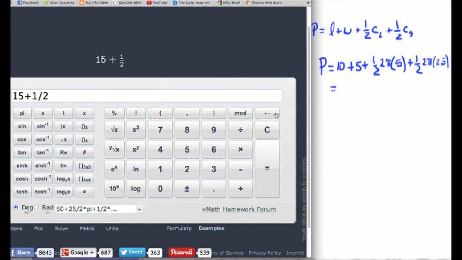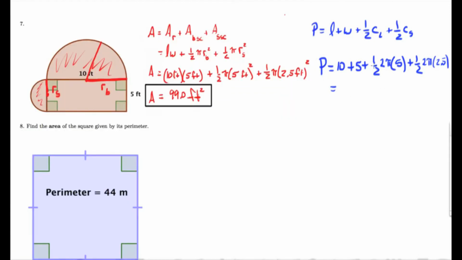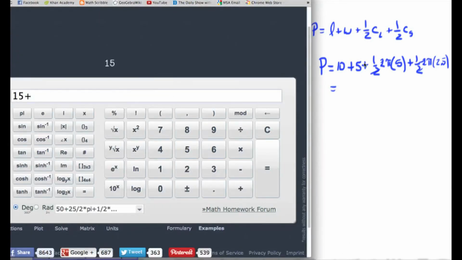Well, let's see here. Let's make this simple. We've got 1/2 of 2, so these are going to cancel, and 1/2 of 2, these are going to cancel. So this is just going to be pi times 5 plus pi times 2.5. So this is going to be 15 plus pi times 5 plus pi times 2.5.